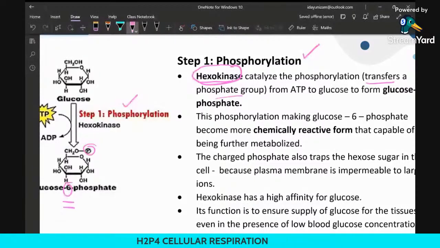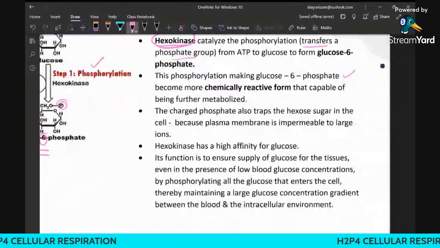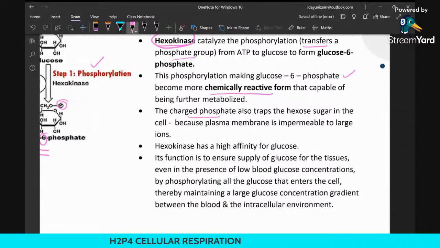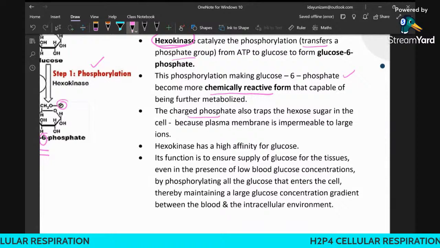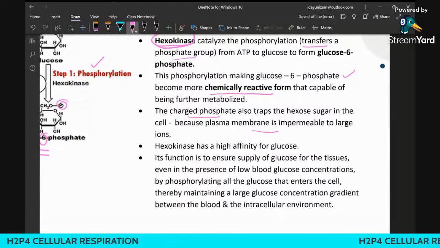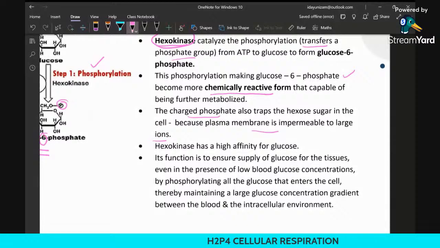Glucose 6-phosphate, class. So it becomes chemically reactive, and the phosphate will allow the glucose to become trapped. The hexose sugar is trapped in the plasma membrane, which is not permeable to large ions. So glucose phosphate has become a large ion, so it cannot escape, class. This causes the next process to take place.